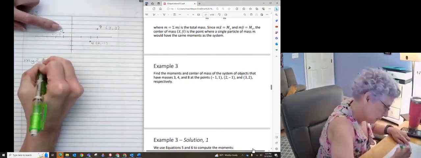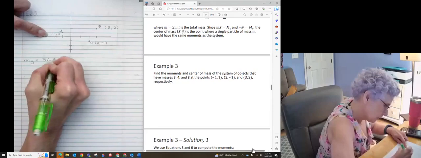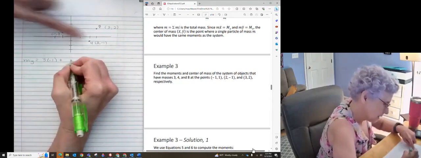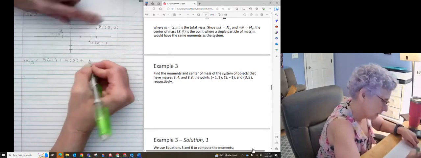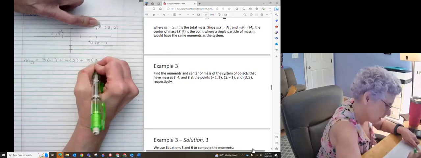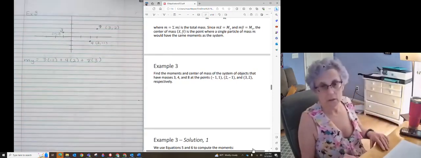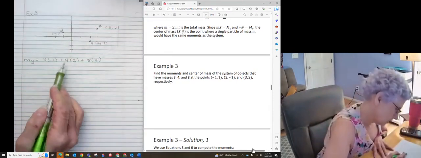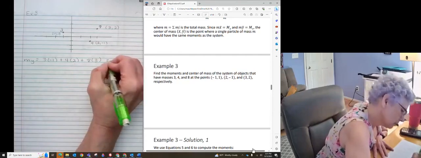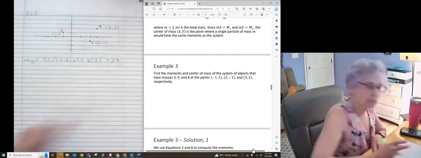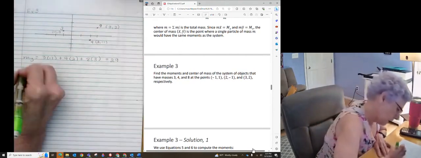That means I do the mass times the x-coordinate plus the mass times the x-coordinate plus the mass times the x-coordinate. So minus 3 plus 8 gives me 5, plus 24 is 29.